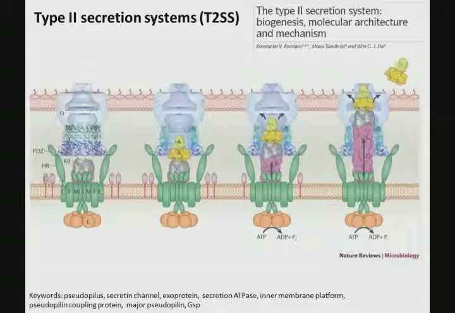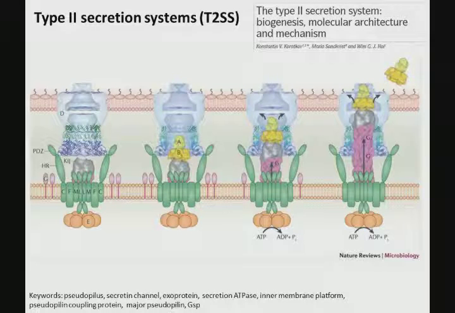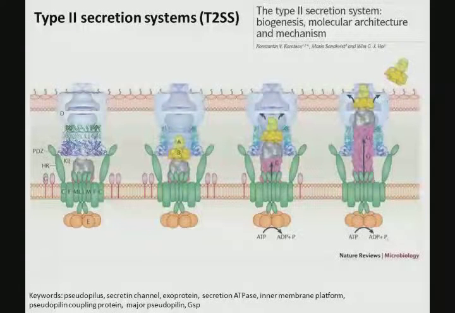They can be taken up by the inner membrane component, and then in an ATP dependent manner be integrated to form a structure here that essentially pushes a substrate, which is shown in yellow here. This is the substrate in our case. Push the substrate out through the outer membrane component until it emerges into the extracellular space.